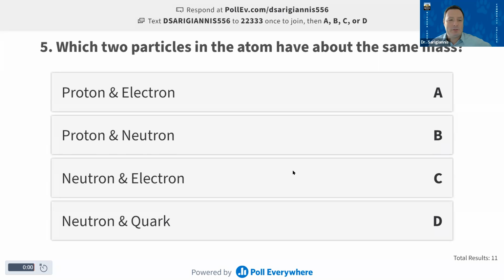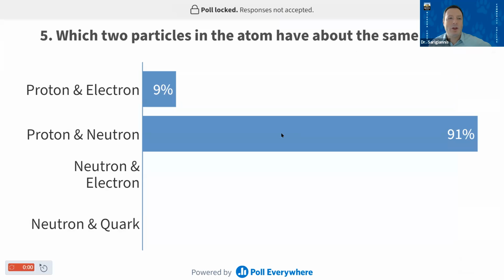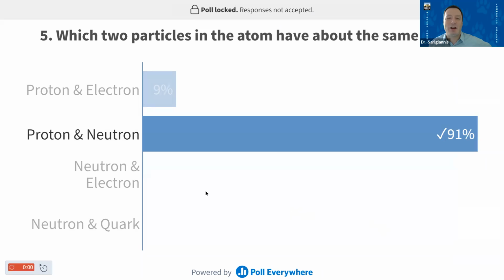All right. Proton and neutron, correct. Yes, proton and neutron. Remember, the electron is very, very tiny compared to the proton and the neutron.